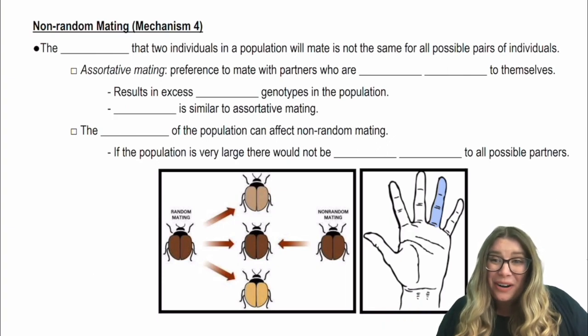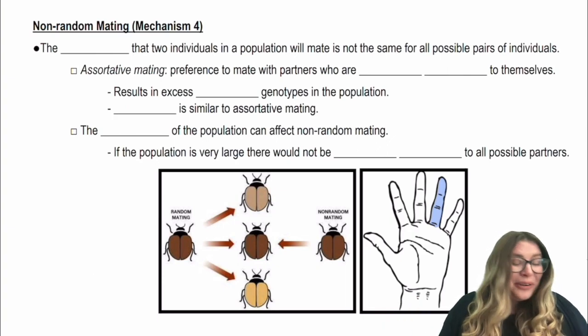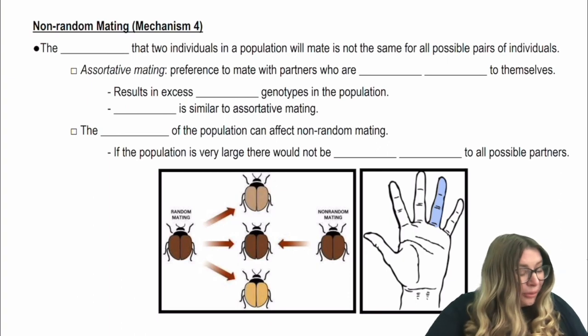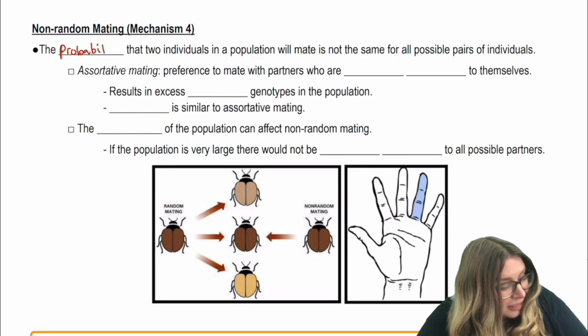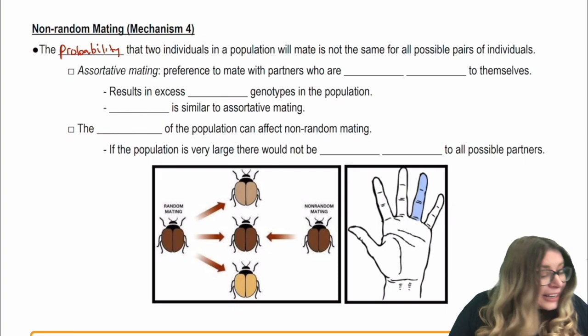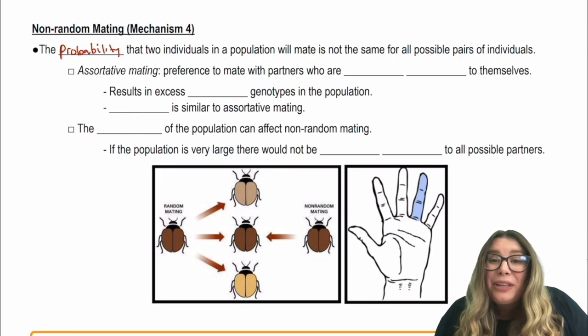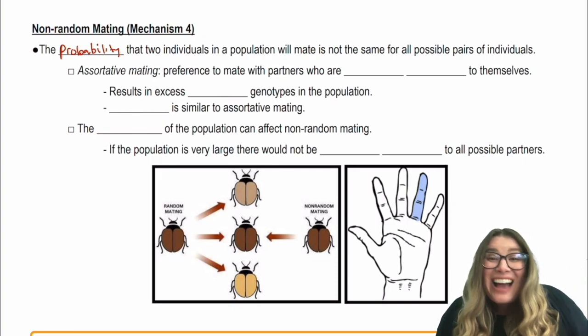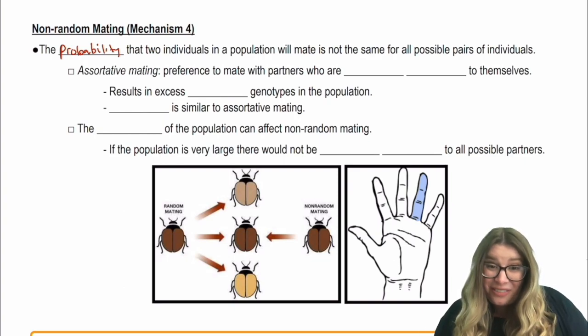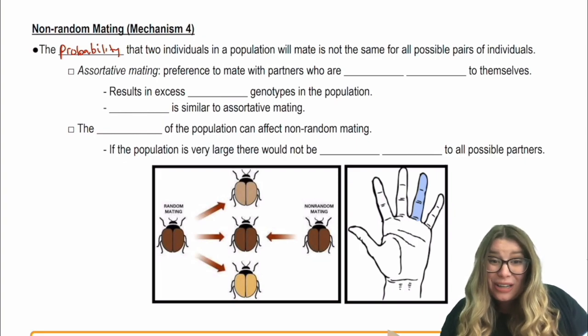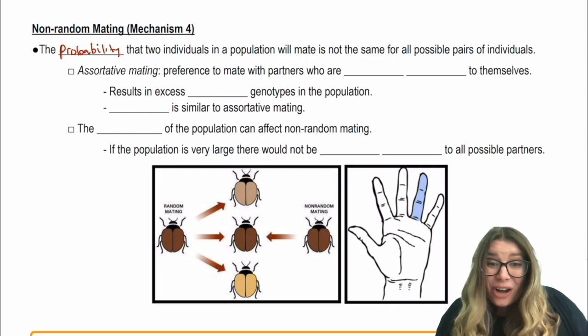We chose our partners. So non-random mating says that the probability that two individuals in a population will mate is not the same for all possible pairs of individuals, because some individuals are going to choose to mate with others based off the characteristics that they have.